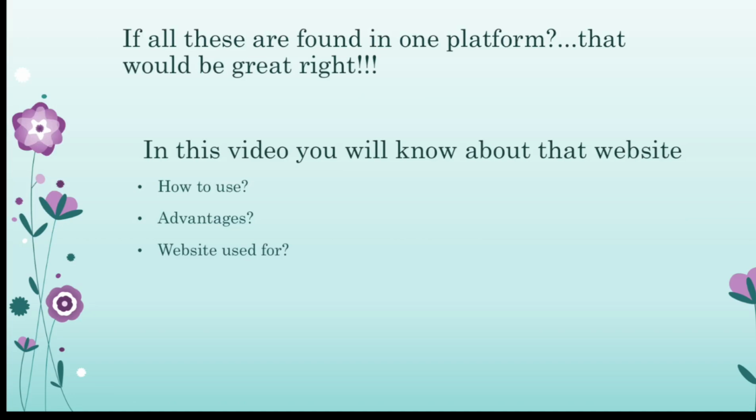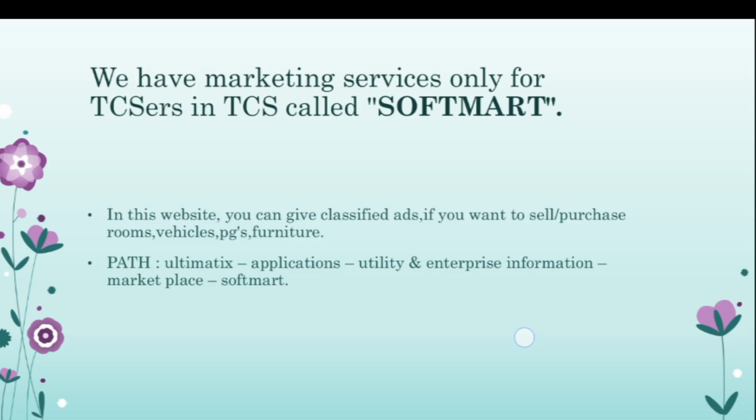And I'll also tell you how to use that website, the advantages of that website, and what the website is used for. So we have a marketing service only for TCSers inside TCS, called Softmart. So the website is called Softmart.